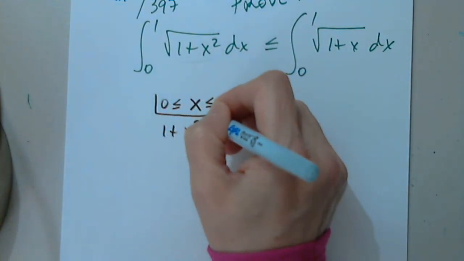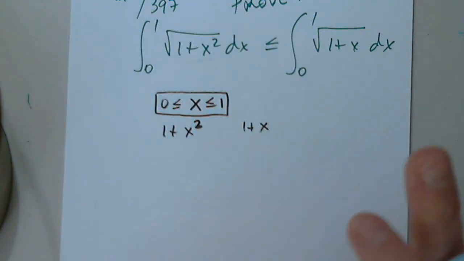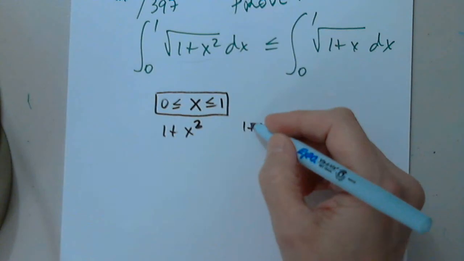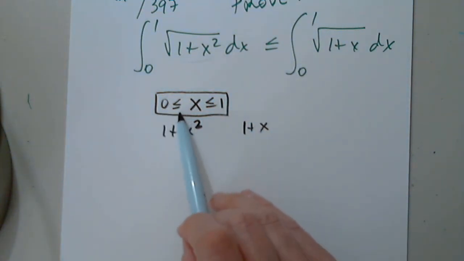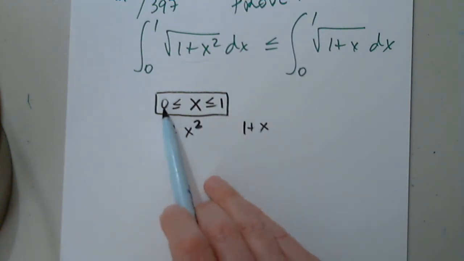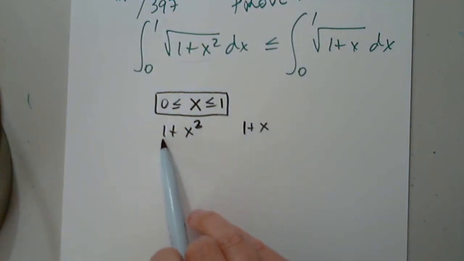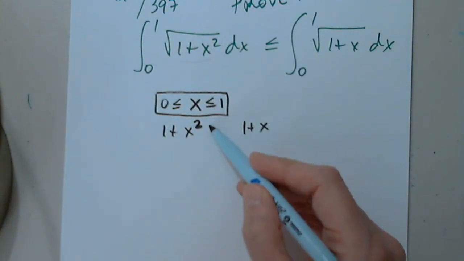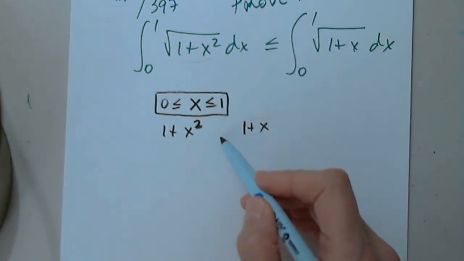So the starting point is here. Yes, we could graph on the interval 0 to 1, but let's just think. Between 0 and 1, we can have 0.25, 0.5, 0.785, and so on and so forth. Any number between 0 and 1, when you square it, plus 1, will it be greater than 1 plus the number itself or less than?